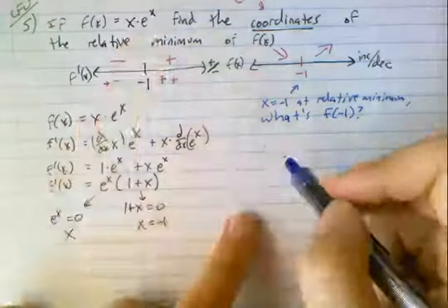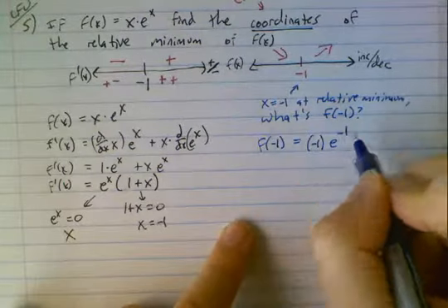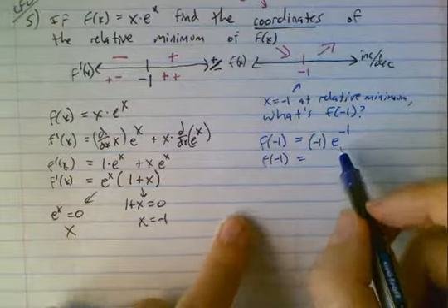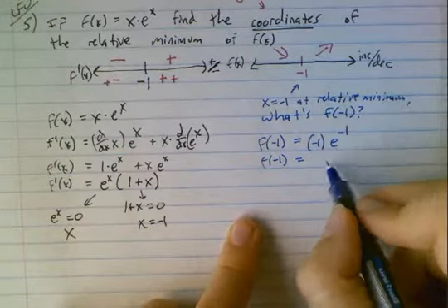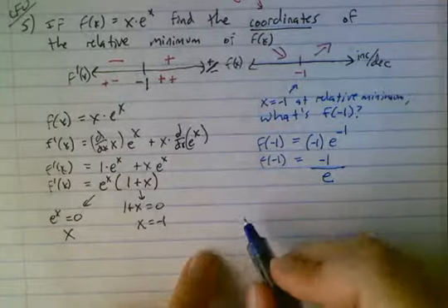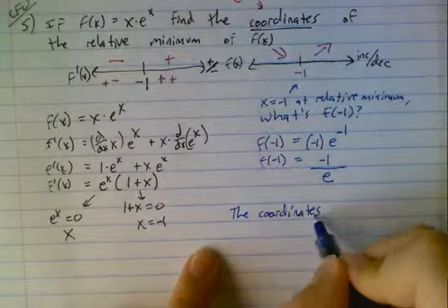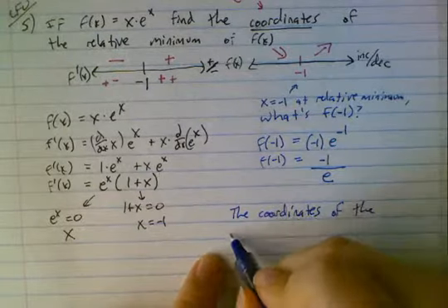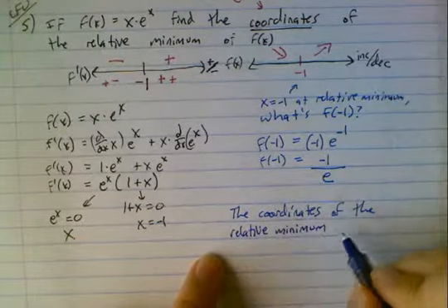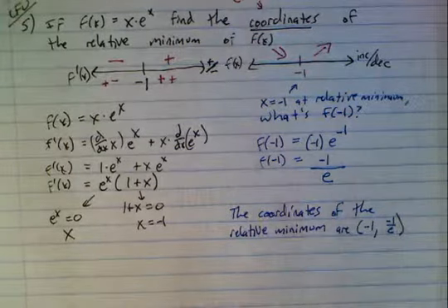Well, we can just plug it in right there. Just leave e as e, but a negative exponent means it goes in the denominator, so we have -1 over e. So that means the coordinates of the relative minimum are -1, comma, -1 over e.